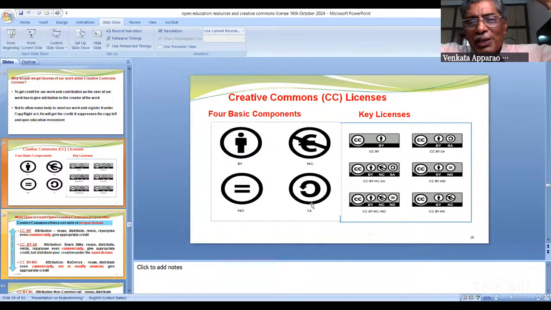That is the main meaning of share alike. There are 6 key licenses under Creative Commons with these symbols. Each symbol indicates the meaning. I shall explain in detail one by one.